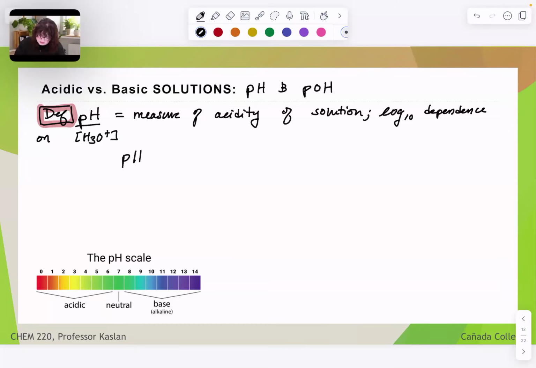Specifically, pH is equal to the negative log base 10 of the concentration of acid in your solution. This is our pH equation.